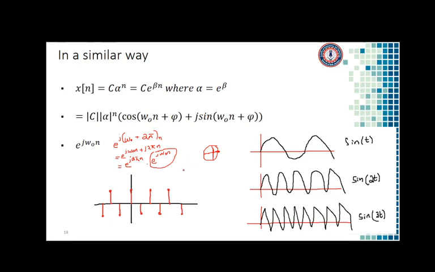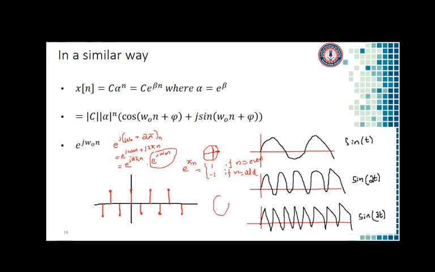And e to the power jπn equals 1 if n is even, and it's -1 if n is odd. So this is a high frequency because you are getting alternating ones, 1, -1, 1, -1, back and forth.